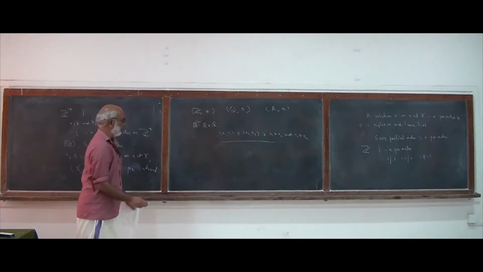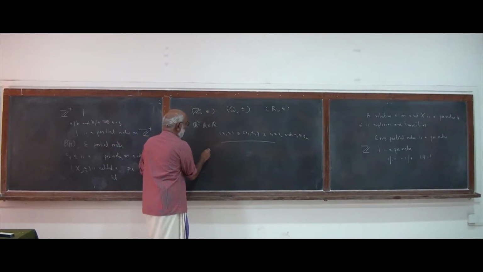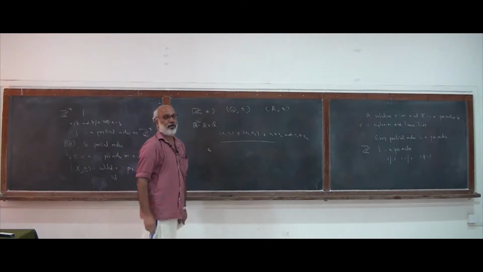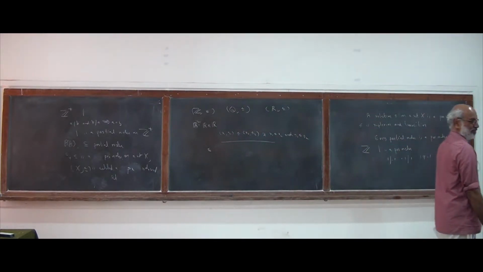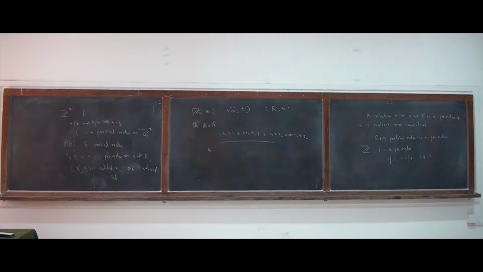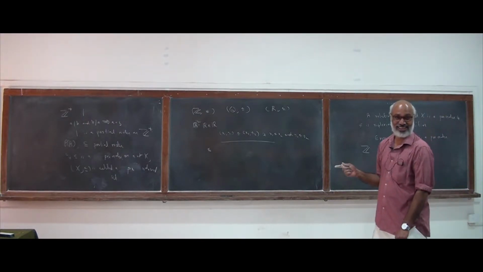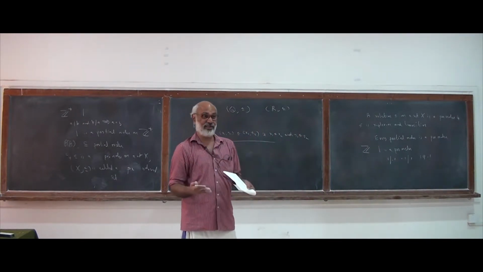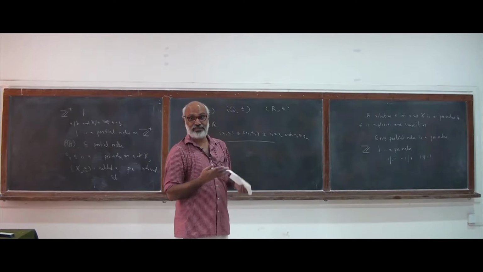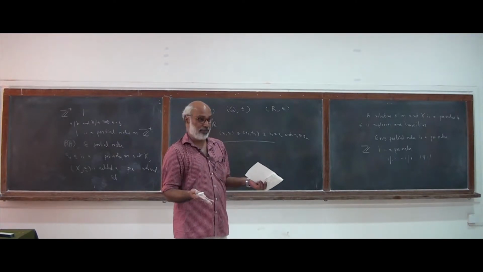Another remark I would like to mention is that I defined a partial order as a relation less than or equal to. Some people may have some problem with this notation. Why? Because this less than or equal to is something familiar to you. That is the relation which you use among numbers.